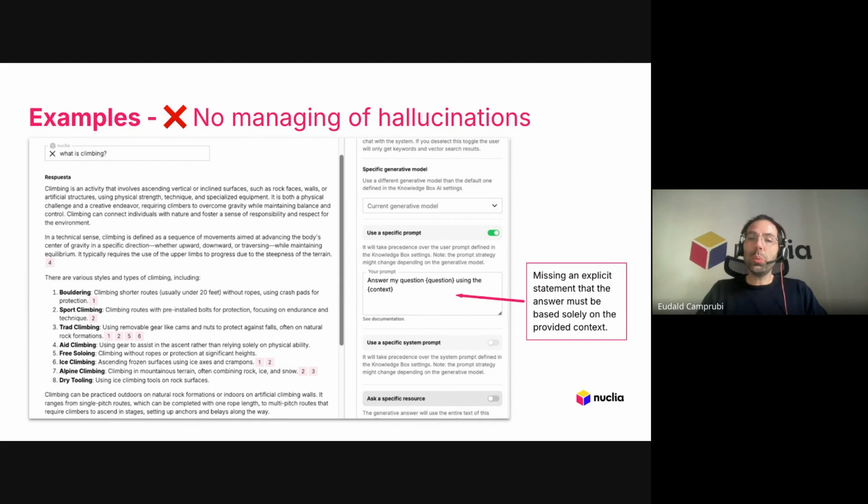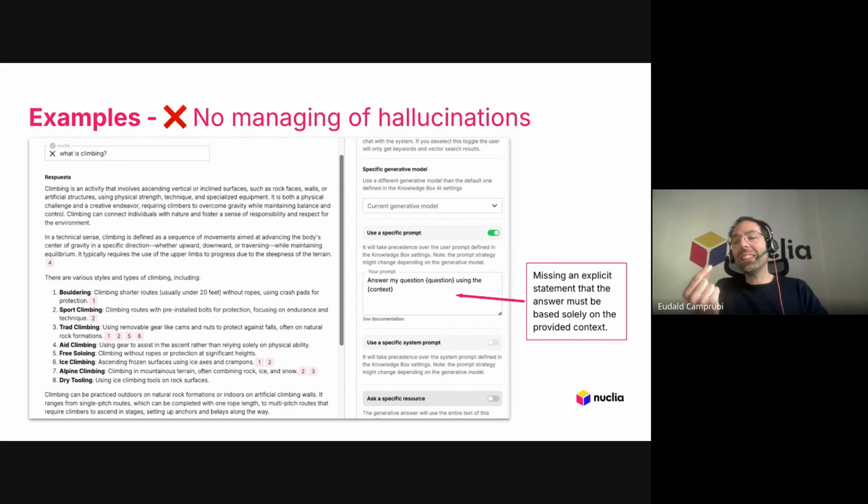We can see here that we have a much longer answer from Nuclia. And if we check the prompt, it says, answer my question using the context. In that case, we are not restricting the model. So we are avoiding the prompt that we already have in Nuclia by defining the user prompt.